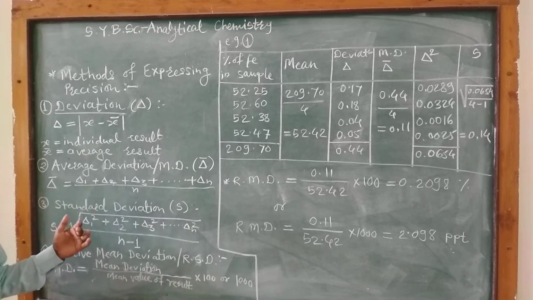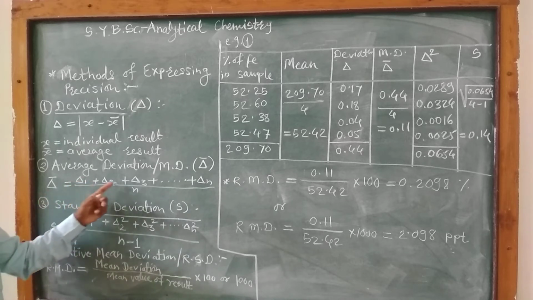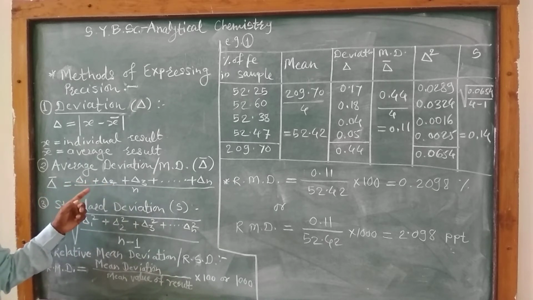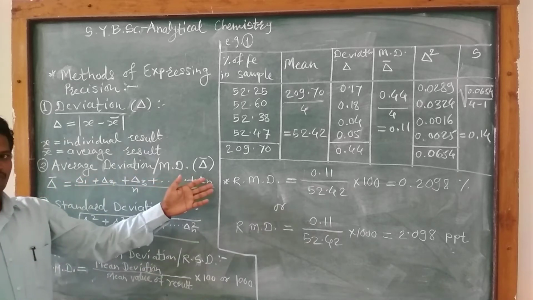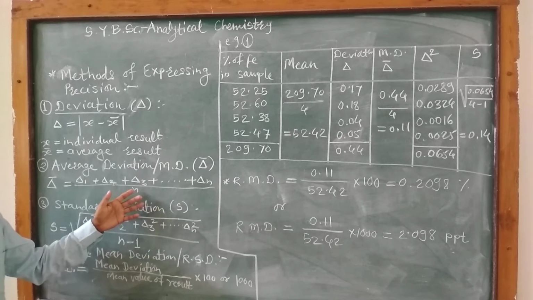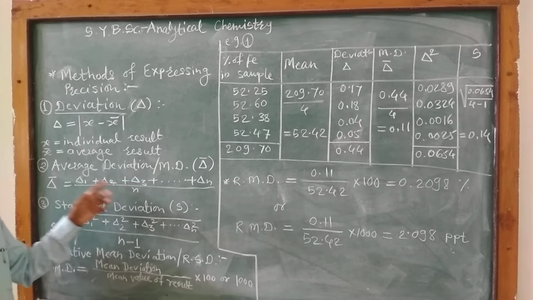It is simply the summation of all deviations divided by the number of observations. This is a simple definition and simple equation.